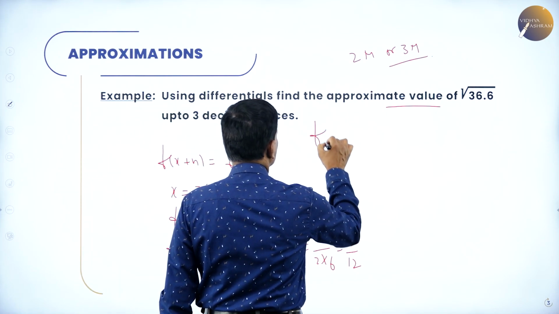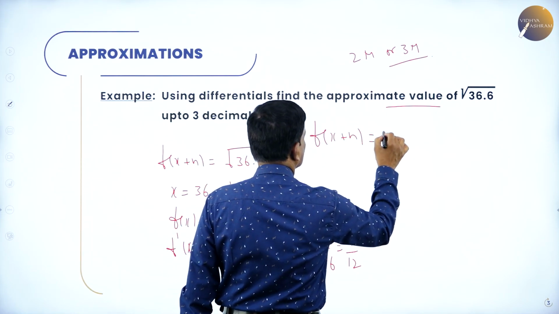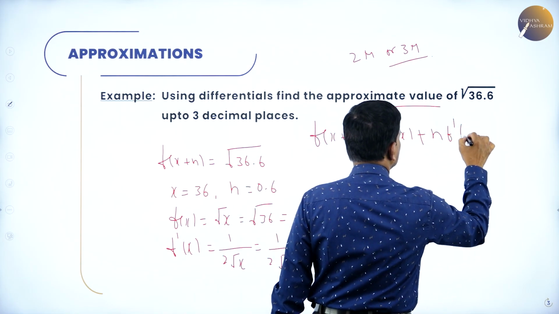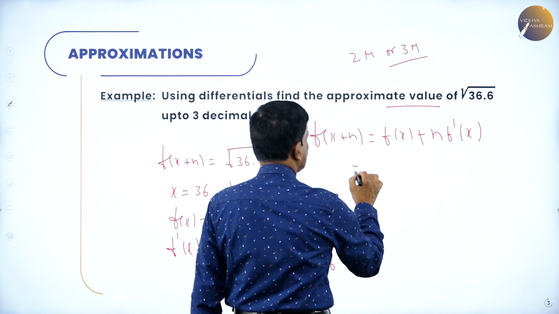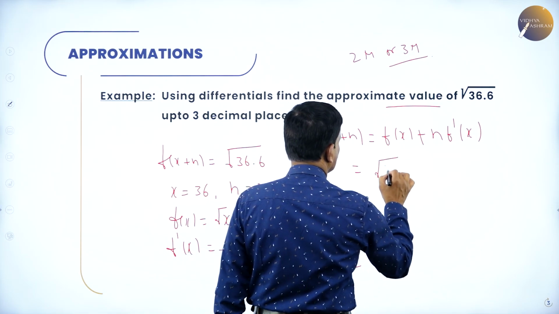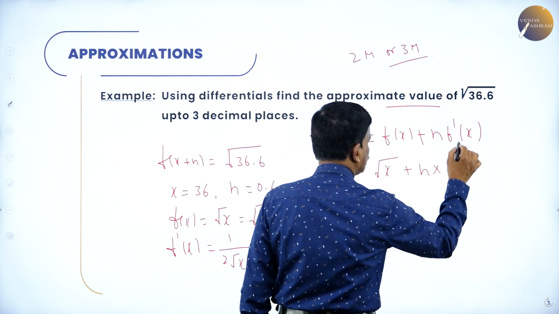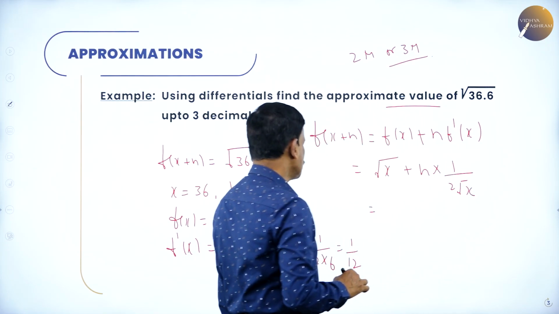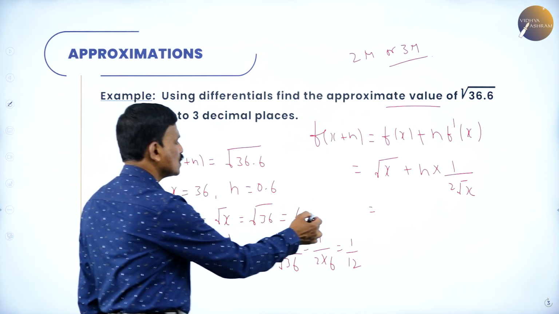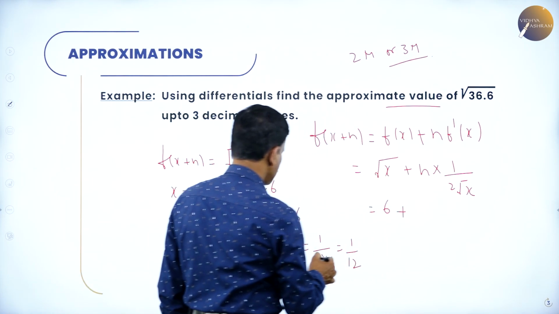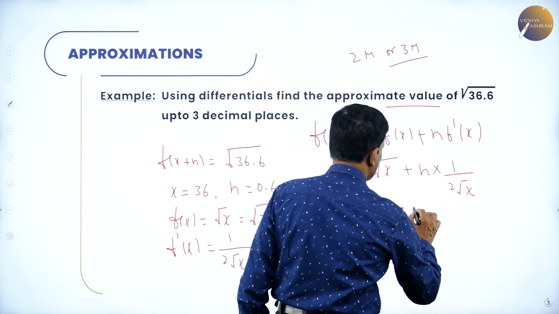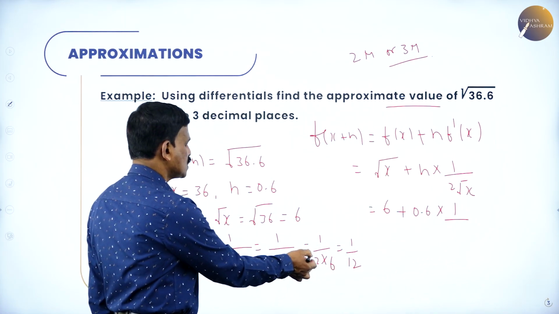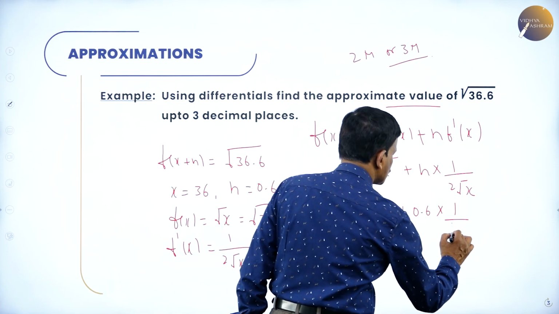So we know that f of x plus h is equal to f of x plus h into f dash of x. So what is f of x? That is nothing but root x plus h into the differentiation of root x, which is 1 over 2 root x. Now substitute the values. Root x is equal to 6 plus h, which is 0.6, into 1 over 2 root x. 2 root 36 is nothing but 2 into 6, that's equal to 12.